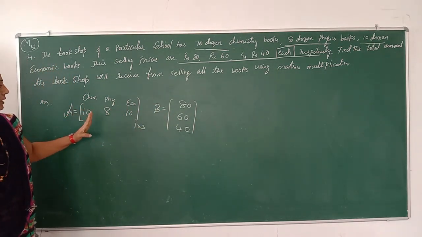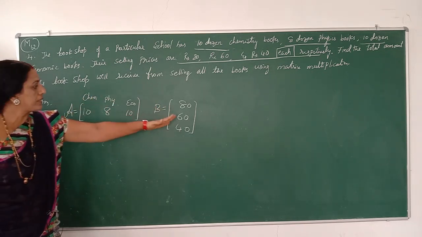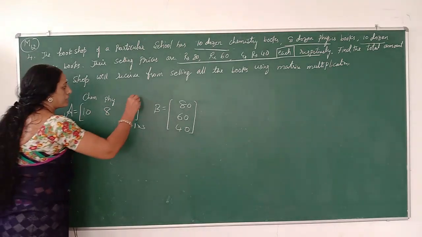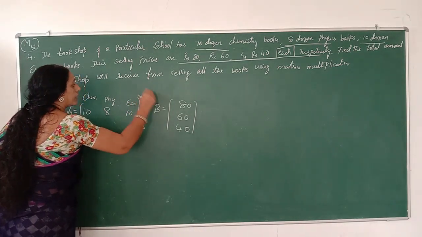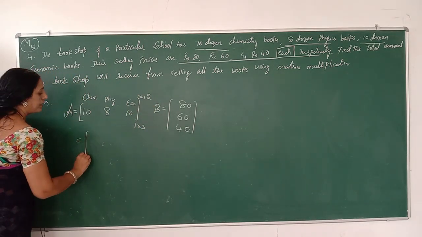Now one of the possibilities is that A gets converted from dozen to each, otherwise each gets converted into dozen. The suitable condition is that the elements of A get converted, meaning each element is multiplied by 12.